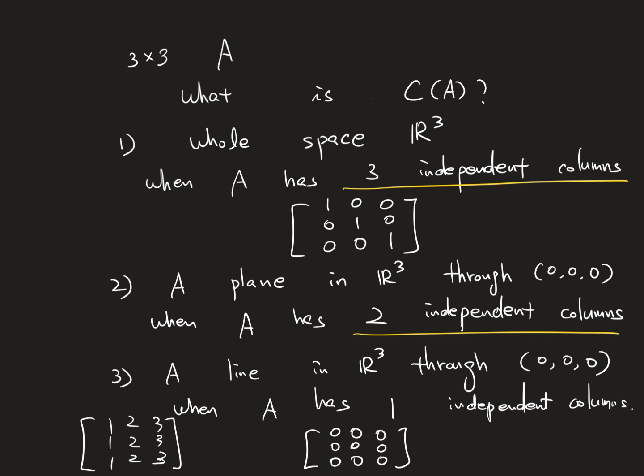So for a 3 by 3 matrix A, there are 4 possibilities for the column space: all of R^3, the whole space; a plane; a line; and the last is just a point at the origin.